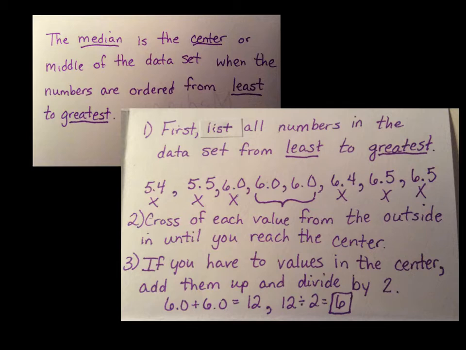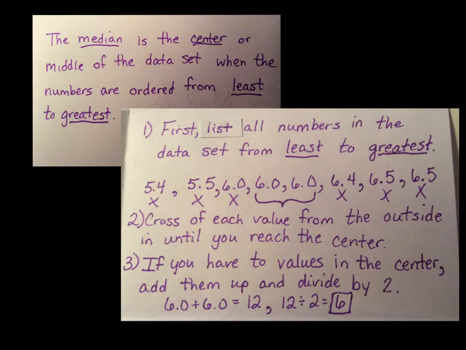So we're going to list our orders of those puppy weights from least to greatest. So we have our 5.4, 5.5, 6.0. We have that 3 times. 6.4, 6.5, and 6.5. Your next step of finding the median is to cross out each value from the outside in until you reach the center.